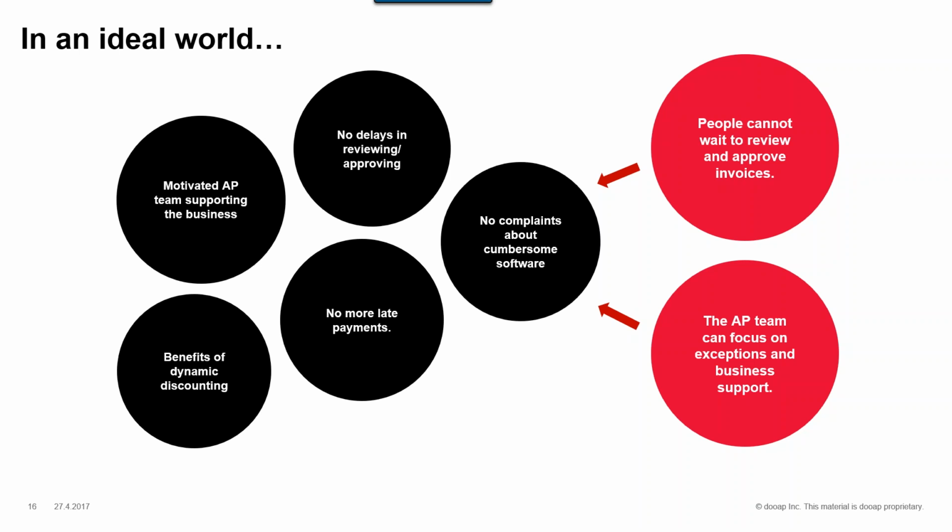In an ideal world, a motivated AP team is supporting the business to excel. People cannot wait to review and approve invoices, and the AP team can focus on exceptions rather than repetitive, tedious tasks. And the truth is, the ideal world is in fact within our reach.